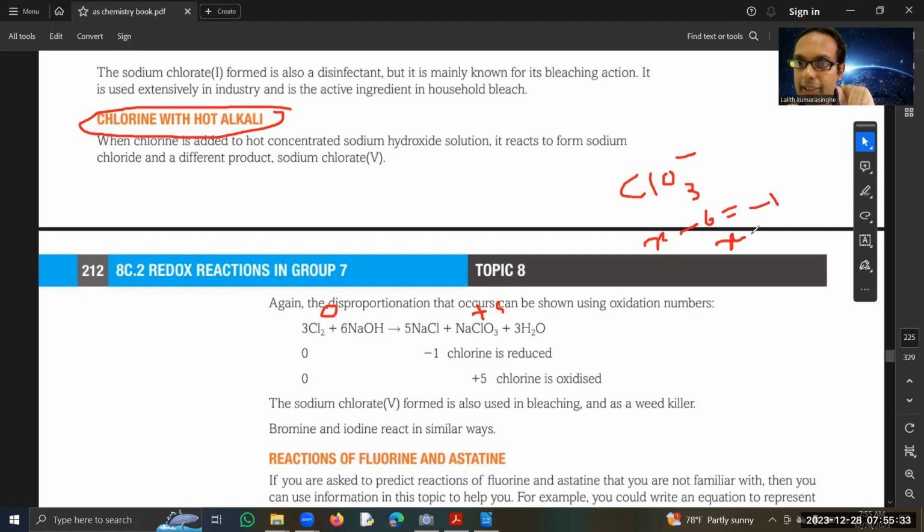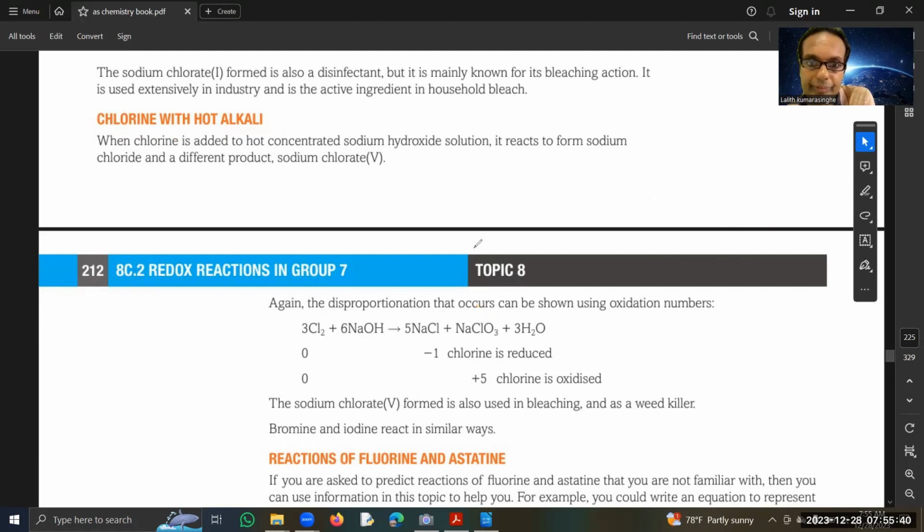So the oxidation state of chlorine is +5. Okay. So this chlorine gives sodium chlorate(V), with alkali again sodium chloride, then water will be there. Okay. We say like this.